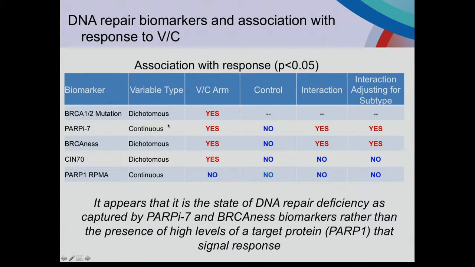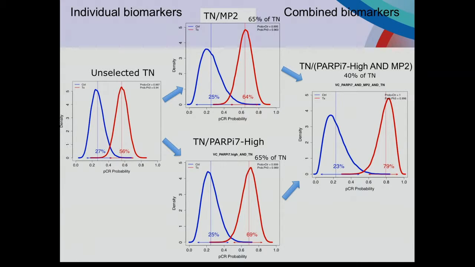So we looked at this PARP inhibition and BRCA signature, and you can see if you adjust for subtype, in this case triple negative, this PARP inhibition and the BRCA status is significant. And in the Bayesian, I realize I'm showing you many different types of analyses. So Bayesian analysis gives you a probability of pathological complete response.